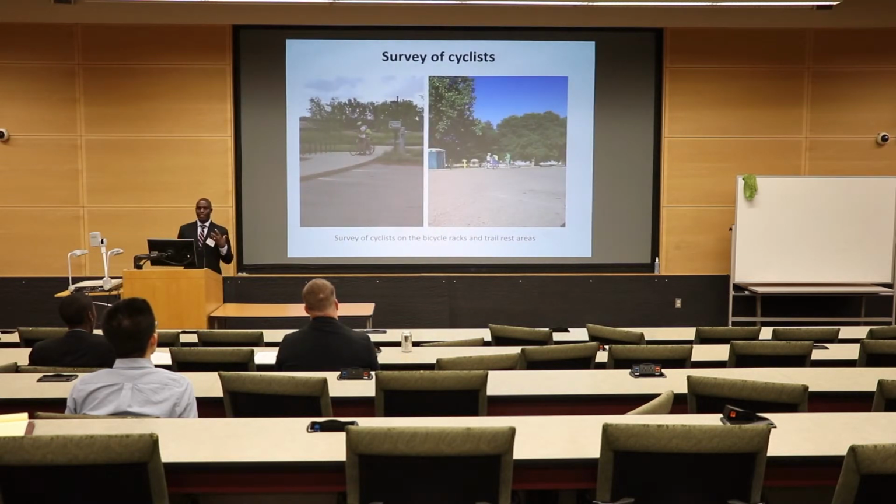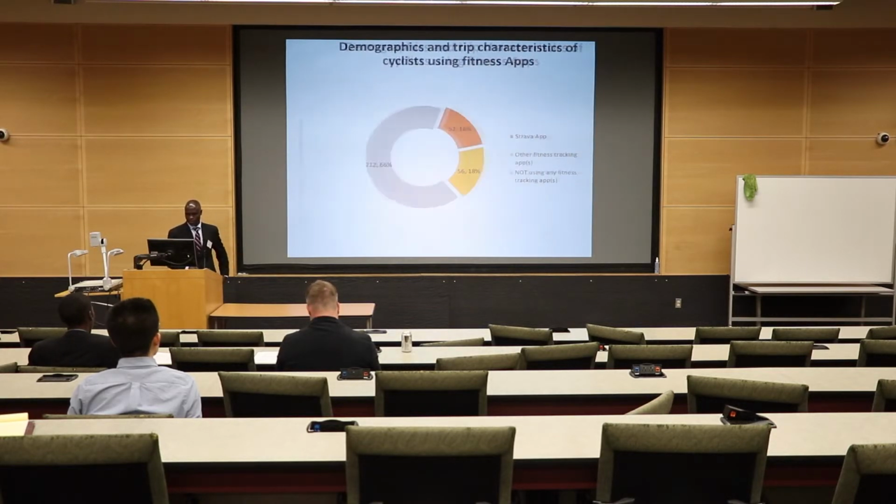And the other thing that we did was we did a survey of cyclists when we were collecting data. And the goal of the survey was that we wanted to get some sort of an estimation of how many people are using the Strava app, and of course, get some other information from them.